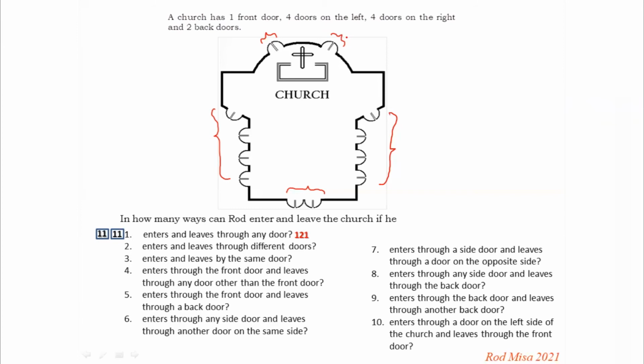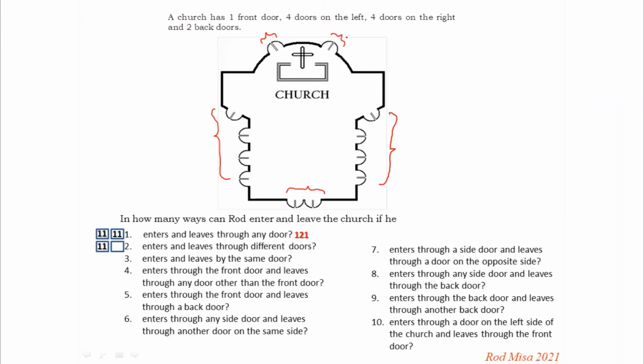But what if he enters and leaves through different doors? This means that the door he used for entrance cannot be used for his exit. So here, I'll be drawing 2 boxes. In the first box is the number of ways for his entrance door, and he can choose that from any of the 11 doors.